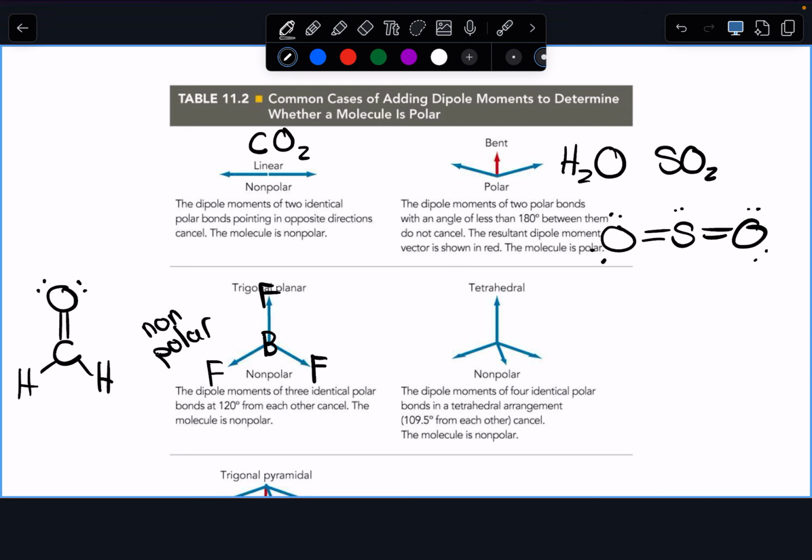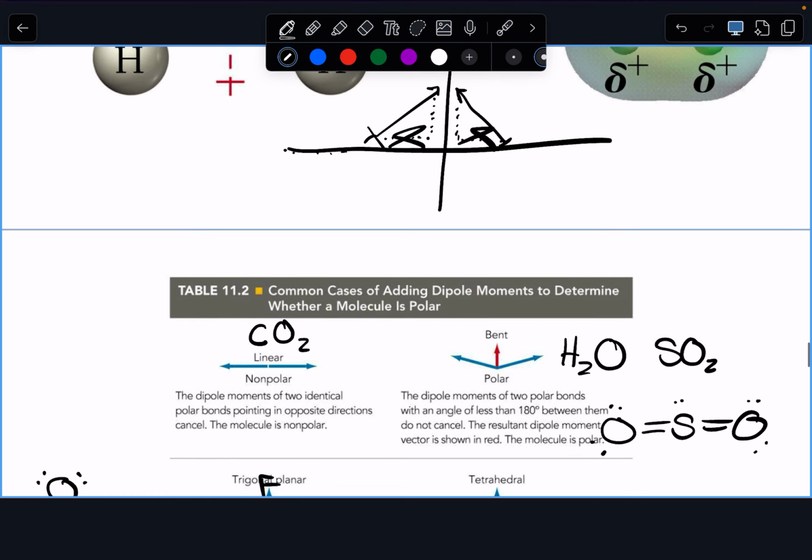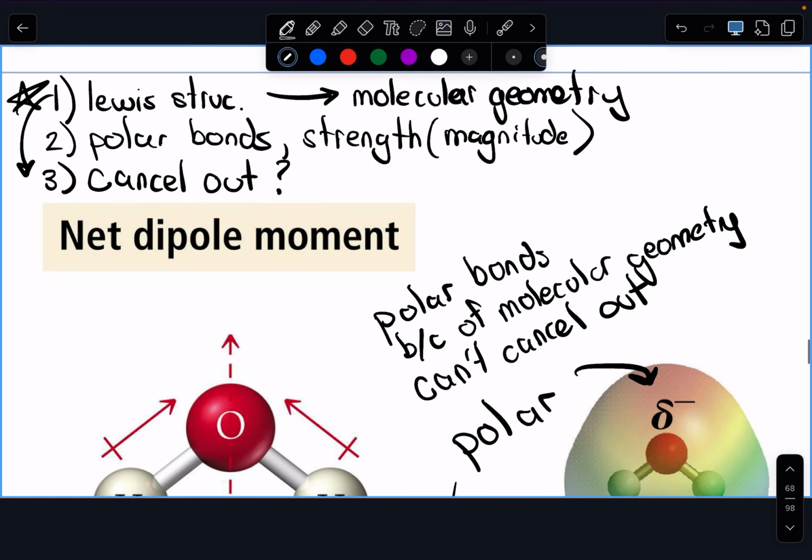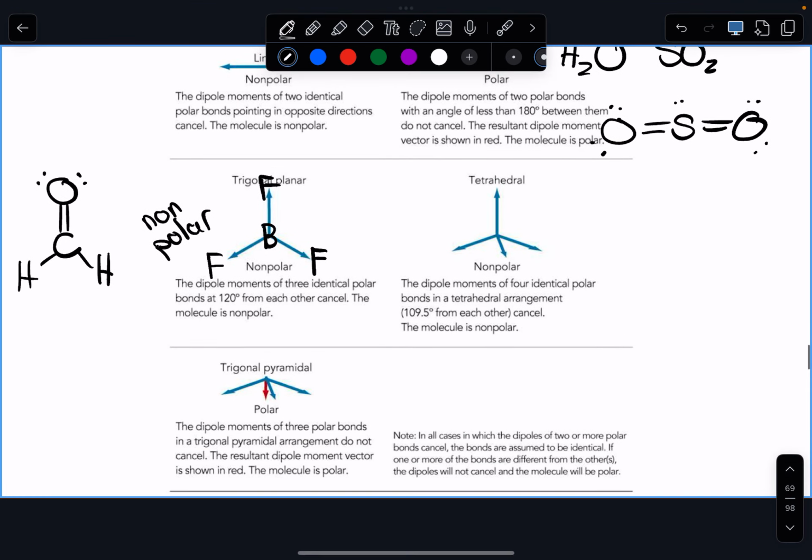So similar geometry, but if we look at our 3 steps that I wrote down, we drew the Lewis structure, we looked at the molecular geometry, we do have a polar bond, but they're not equal in strength. So they're not going to completely cancel each other out because these guys are not doing nearly the work or the pulling of that one. So this one would be polar.